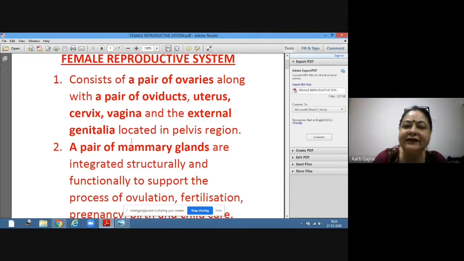The external genitalia consists of labia minora, labia majora, hymen, clitoris. These are the parts of the external genitalia.